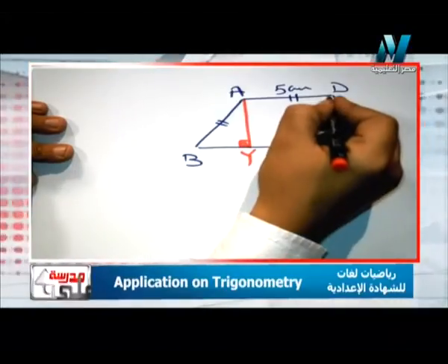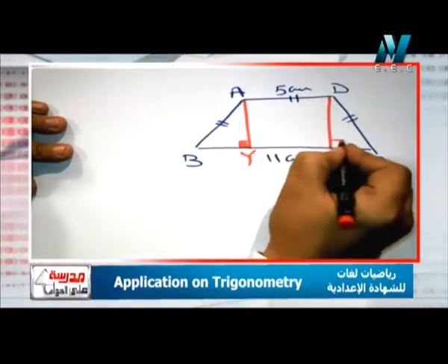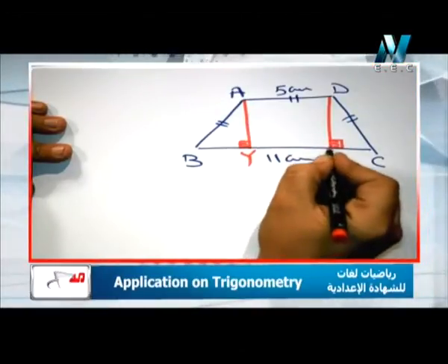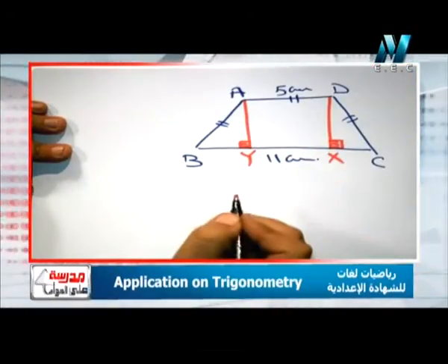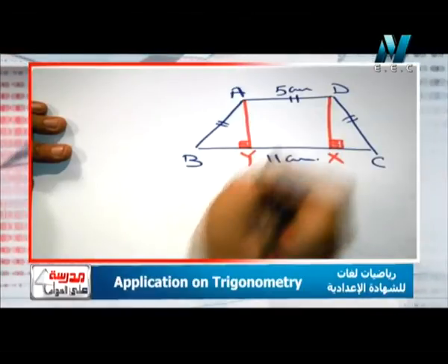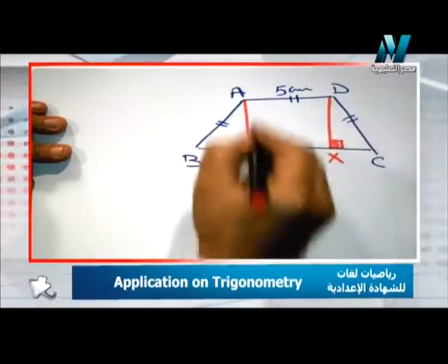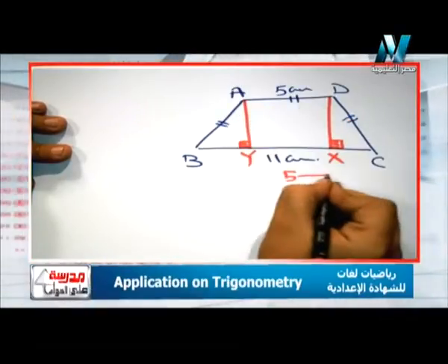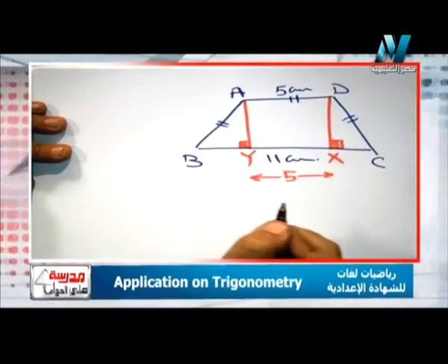I'm going to draw a perpendicular line in this part, and I'm going to name this point, for example, X. So now this shape is a rectangle, so this is 5 centimeters, so the length of XY will be another 5 centimeters.